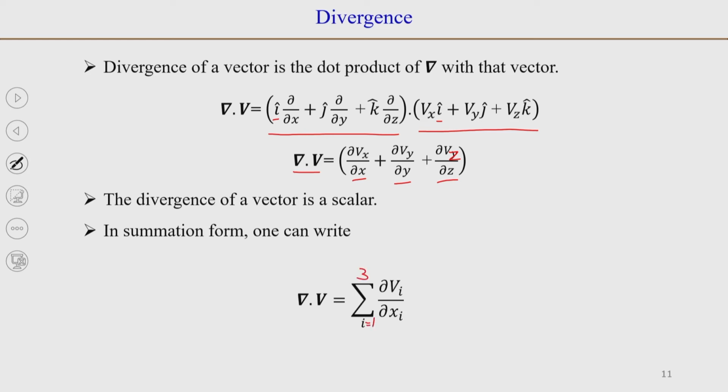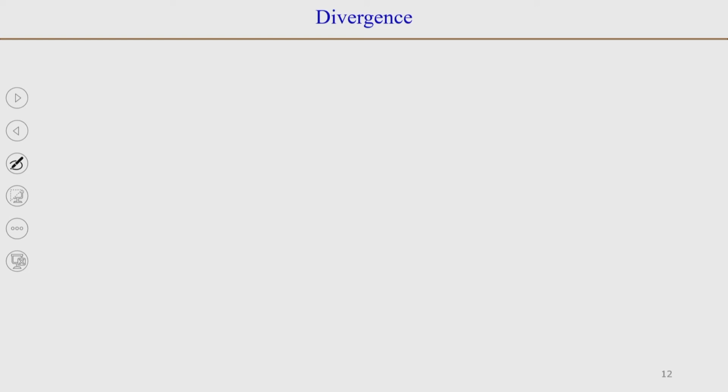If we expand it, del v 1 over del x 1 plus del v 2 over del x 2 plus del v 3 over del x 3, or if we write x 1, x 2, x 3 in terms of x, y and z, then we have del v x over del x plus del v y over del y plus del v z over del z. So, summation is just a way that you can write it in a compact form.